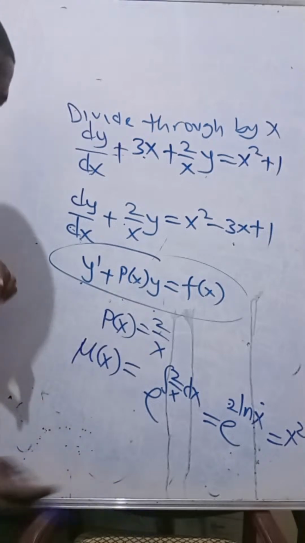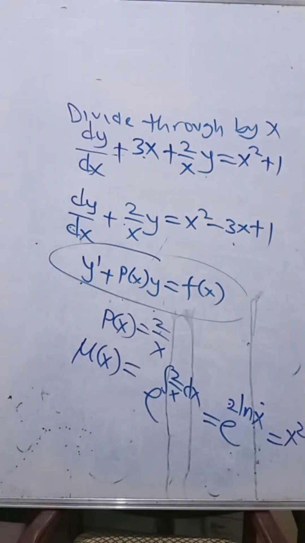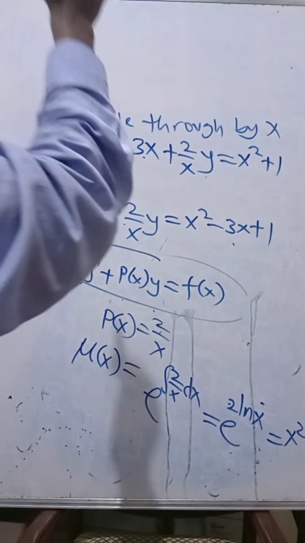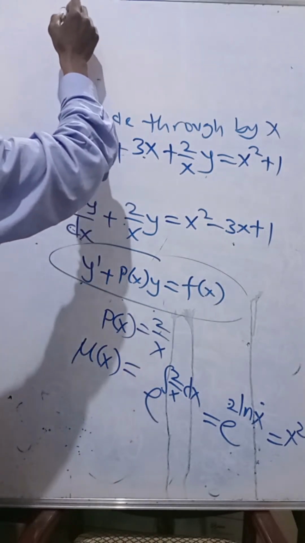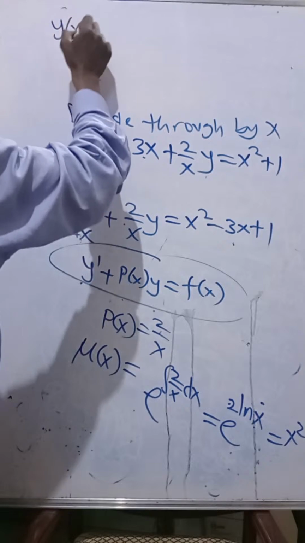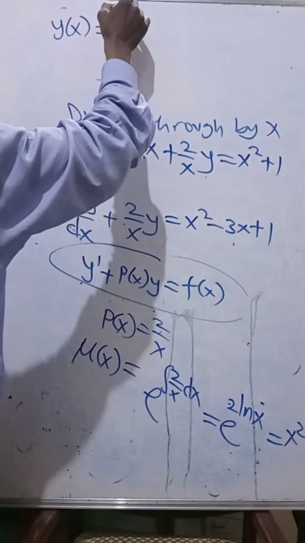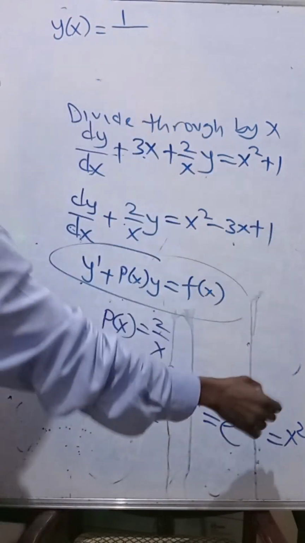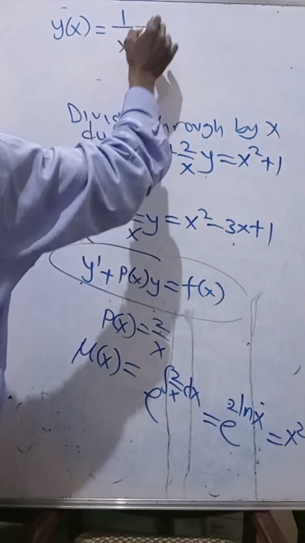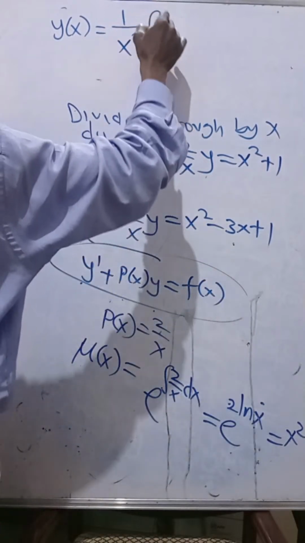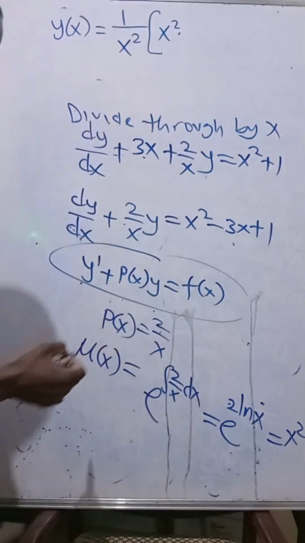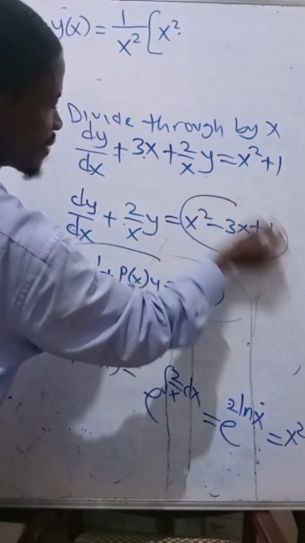The general solution is y equal to 1 over the integrating factor, that's x squared, and then open your brackets, integral of the integrating factor times your f of x.